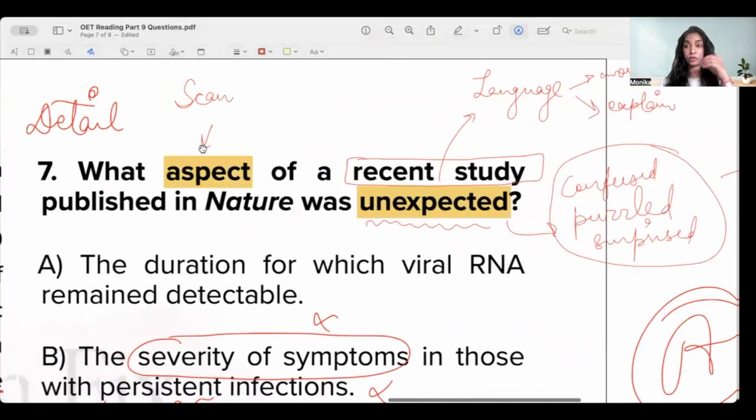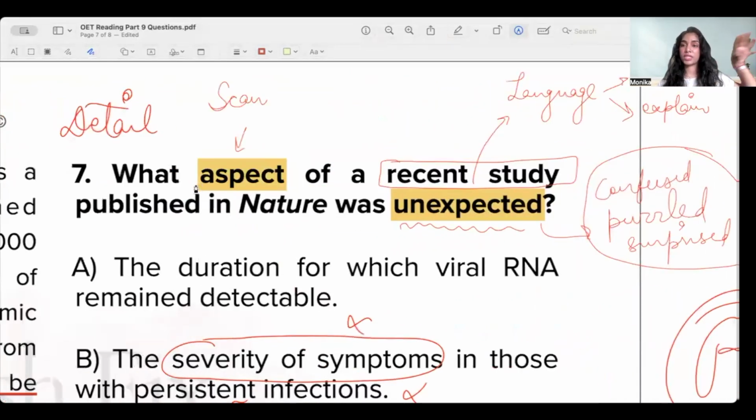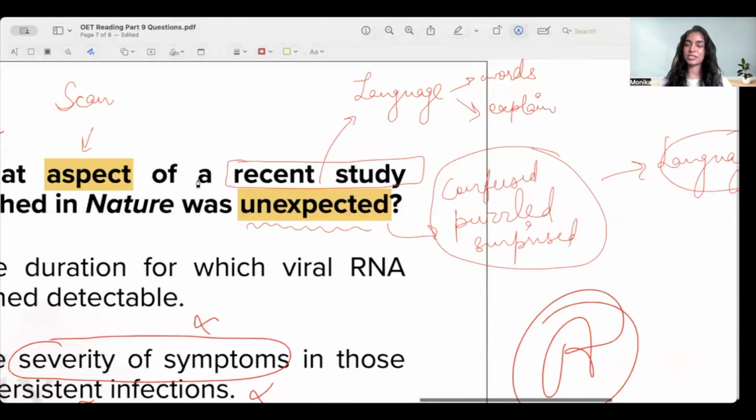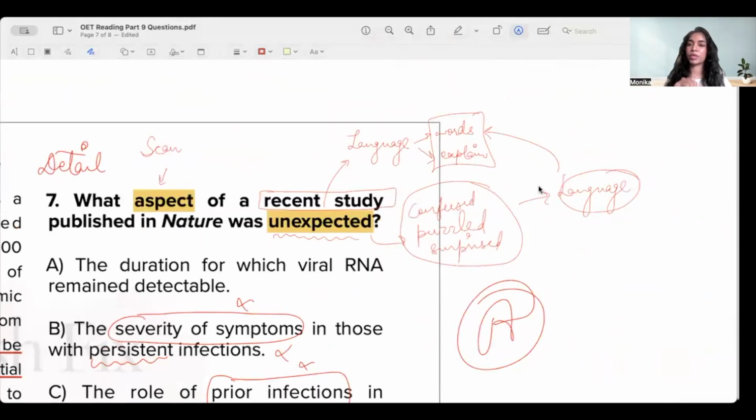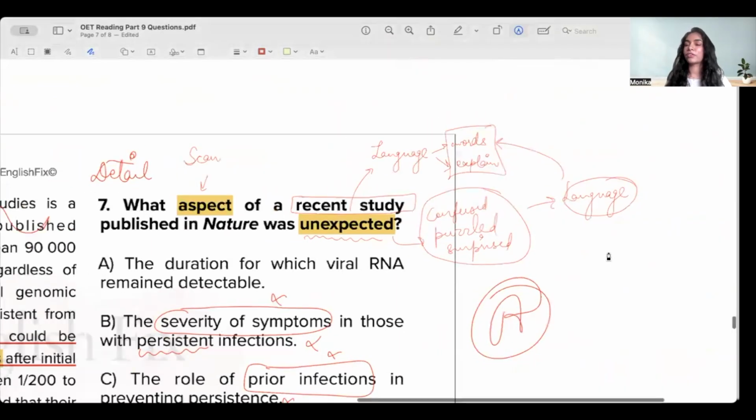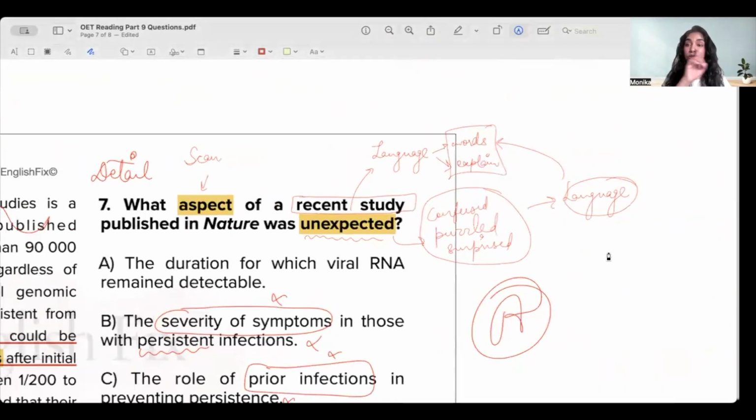That means scan for that information, not read carefully. Once you have identified which section of the paragraph discusses that, then you come to these tools: check, words, explain. Which words are actually supporting the unexpected, the puzzled, the surprised area, and you will definitely reach the right answer. But don't just stop there.